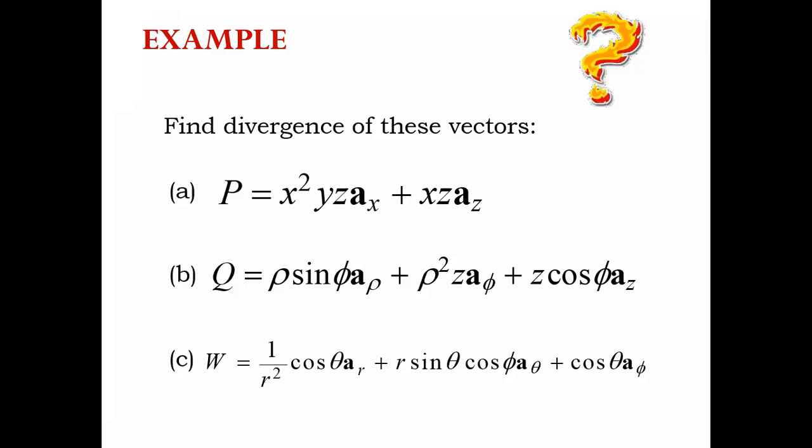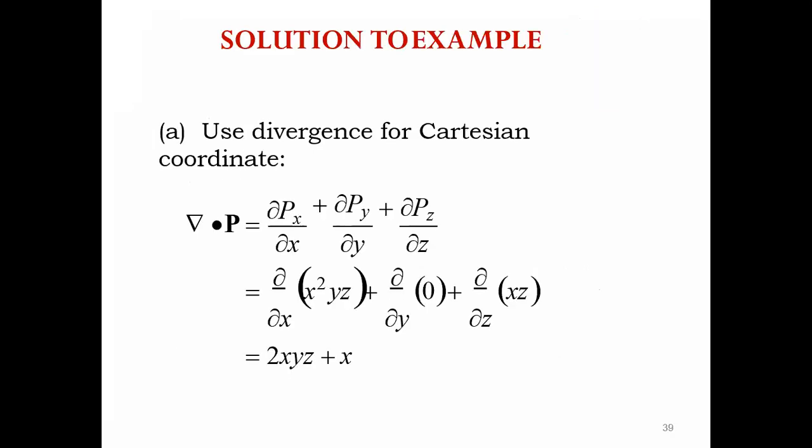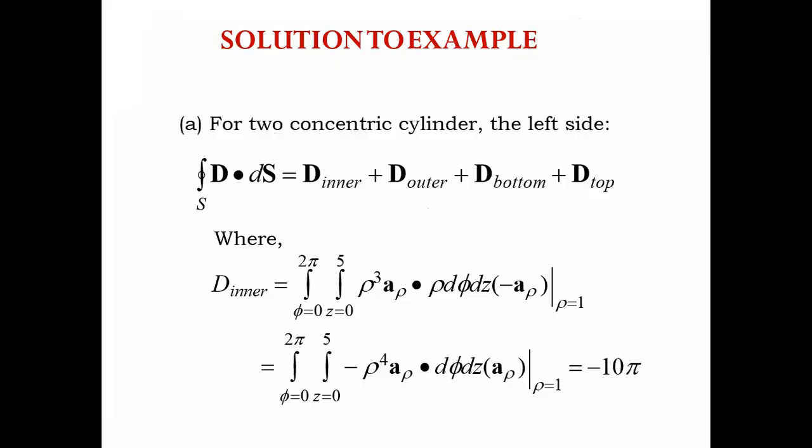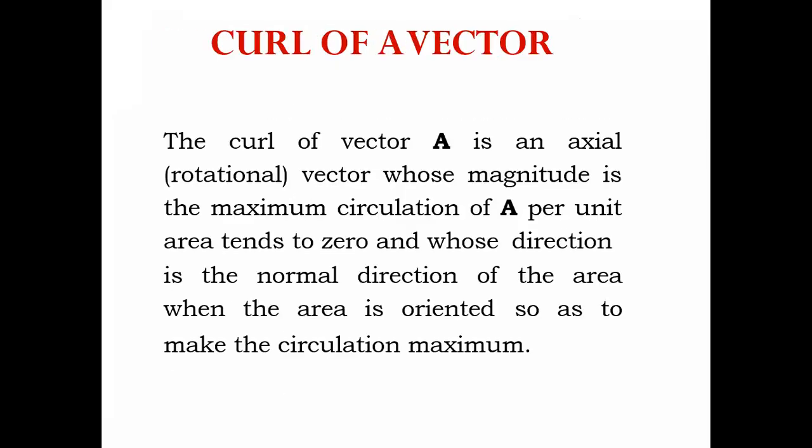The last is the curl. See, in gradient, input was a scalar, output was a vector. In divergence, input was a vector, output was a scalar. In curl, input is a vector and output is also a vector.